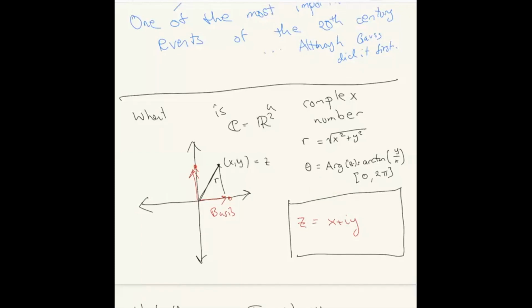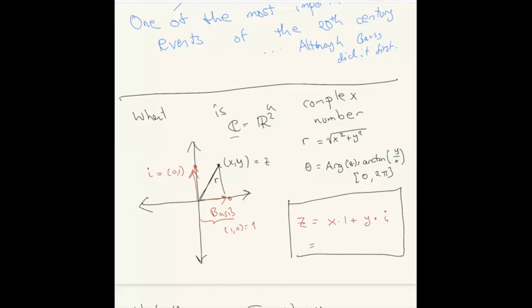Now there's a special basis for this space, a very familiar basis, but we'll write this a little bit differently when we think of them as complex numbers. So there's the point 0, 1, which we write as i, and then there is the vector 1, 0, which we write as just 1. And with this notation, everything can be written as a linear combination of those two vectors. So x times 1, that's the x component, plus y times i.